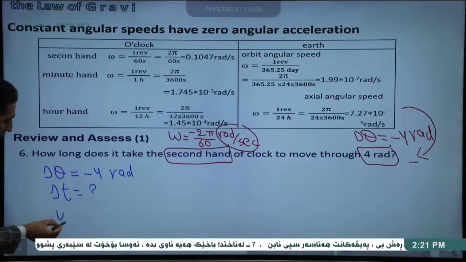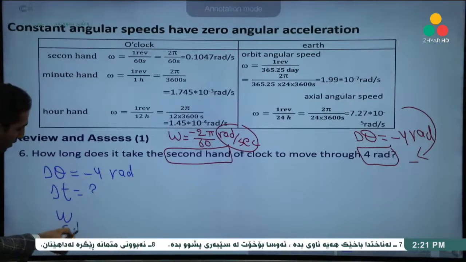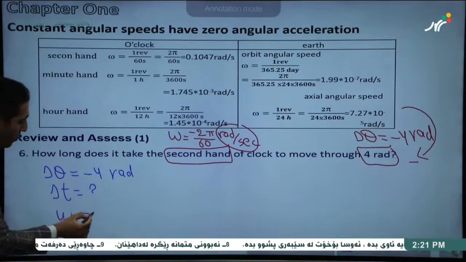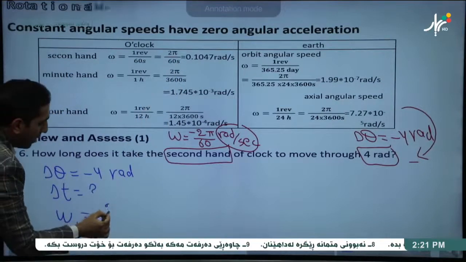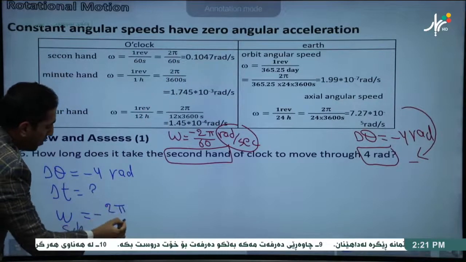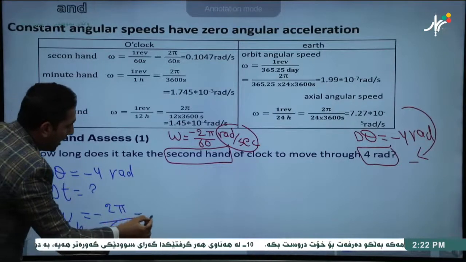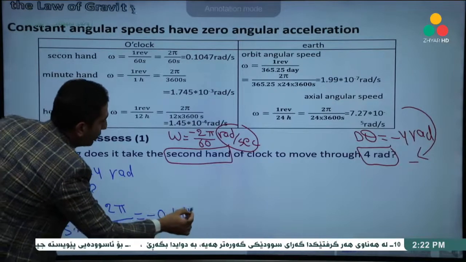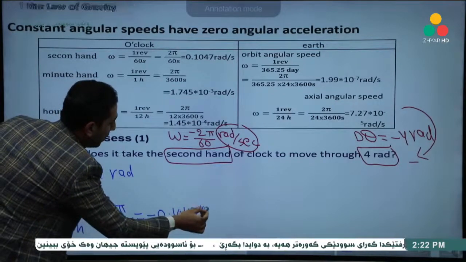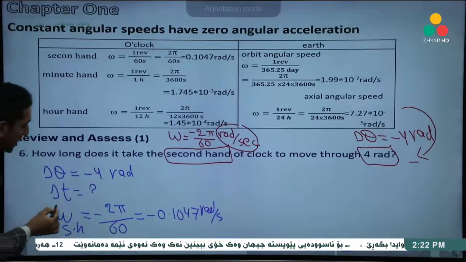You know that omega for the second hand is equal to negative, you can say, 2 pi over 60, or negative 0.1047 rad per second. This is constant.